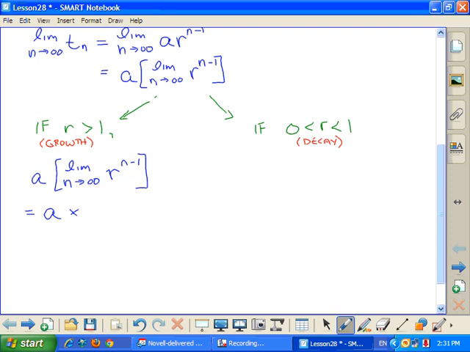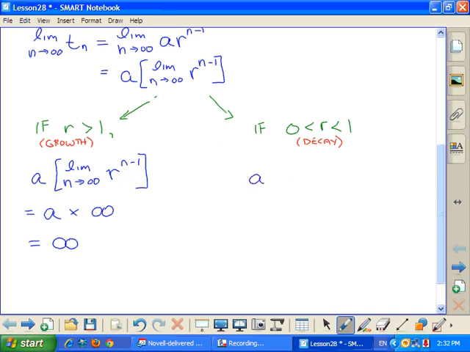I'll help you out here. So if I have 2 to the exponent 1,000,000, 2 to the exponent 1,000,000,000, what does our value look like it's approaching? And it's really not a value, it's a concept. It's approaching a number that we can't quantitatively define, so it's infinity. And when you multiply infinity by a number, you still get infinity. So if r is greater than 1, and we look at n going to infinity, the value will approach infinity.